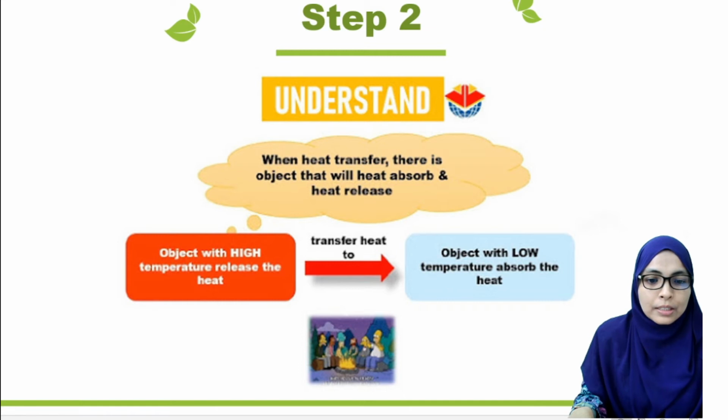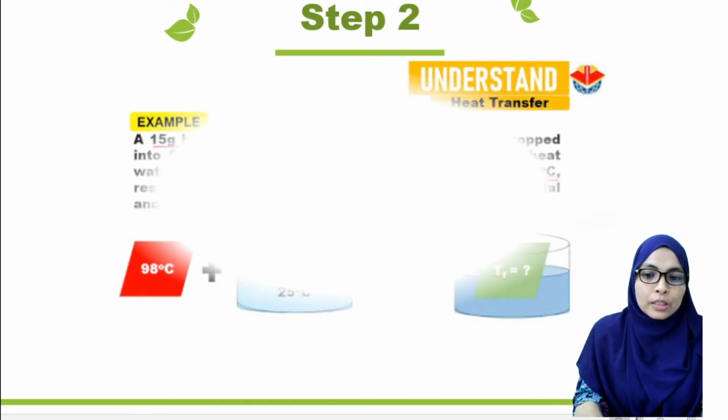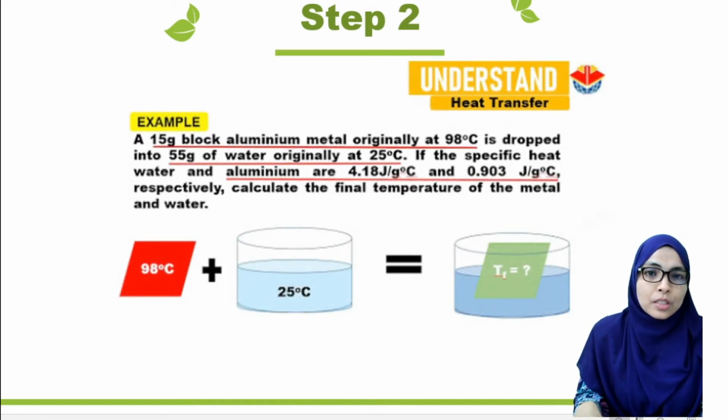Step 2. Understand. When heat transfer, there is object that will heat absorb and heat release. Object with the high temperature release the heat to the object with the low temperature, which absorb the heat. In step 2, there is an example of question that involve heat transfer.